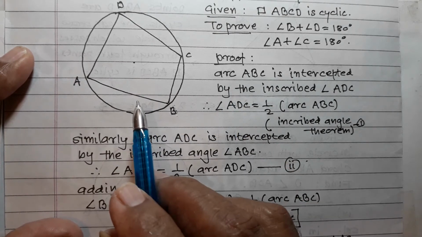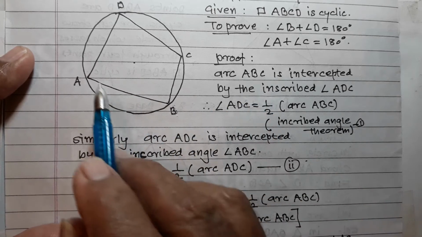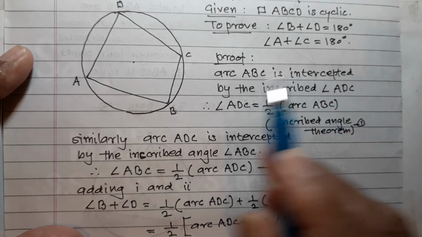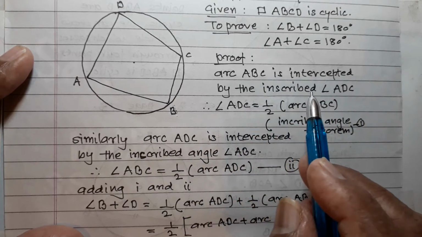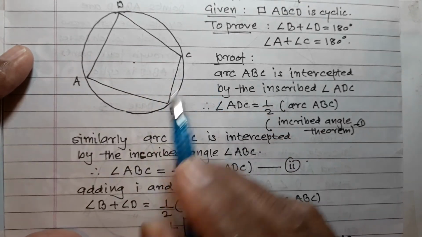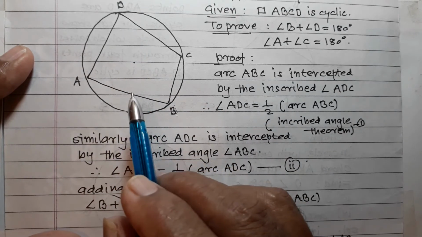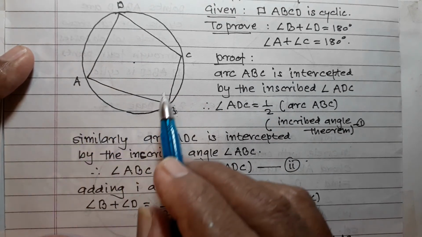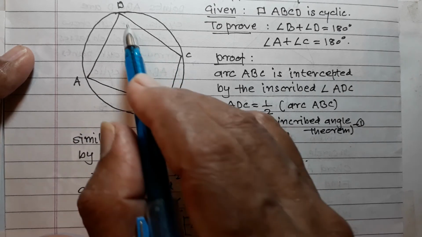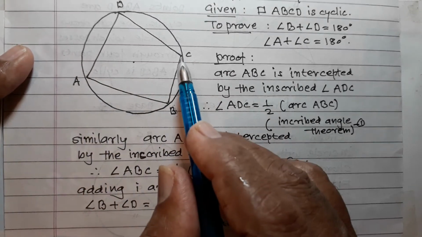Observe this figure properly and write: arc ABC is intercepted by the inscribed angle ADC, and therefore angle ADC is equal to 1/2 arc ABC. So this angle is equal to half of this arc.